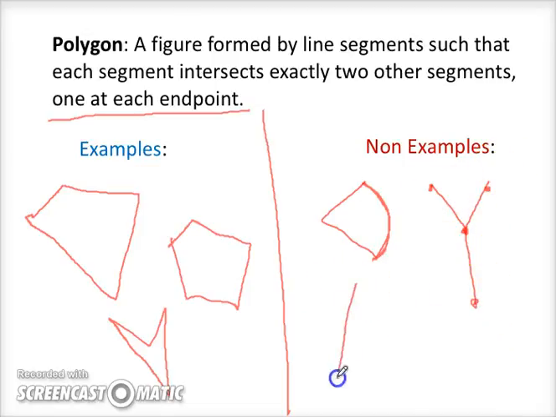Another non-example of a polygon could look something like this. This segment here is intersecting two other segments at its endpoints, but it's also intersecting a third segment here. So that keeps this figure from being a polygon.